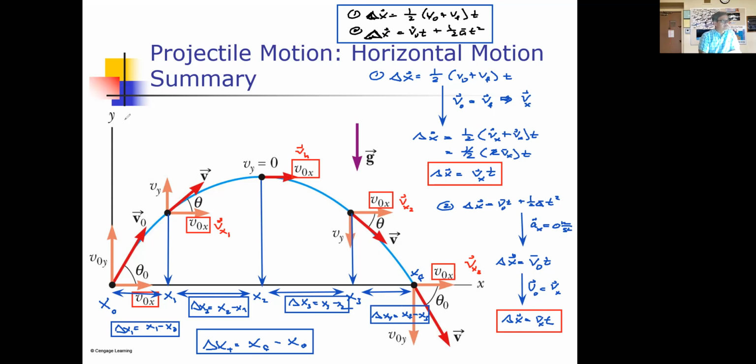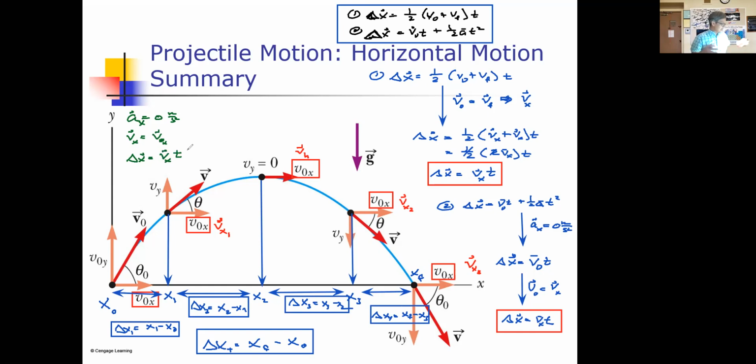The acceleration along the x is going to be 0 meters per second squared. As a result, Vx, the velocity along the x, is always going to be equal to the initial velocity along the x, and you can calculate for that as well. And then the displacement along the x of this motion of the object will always be equal to the velocity along the x times time.